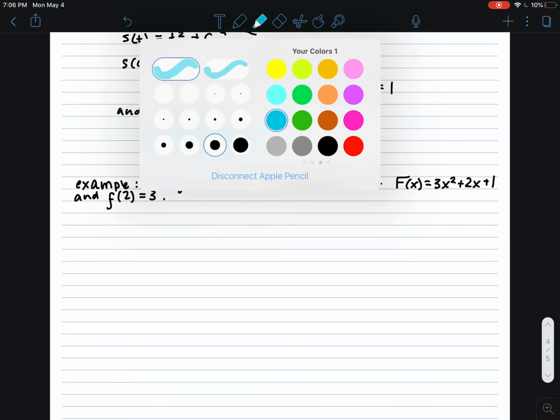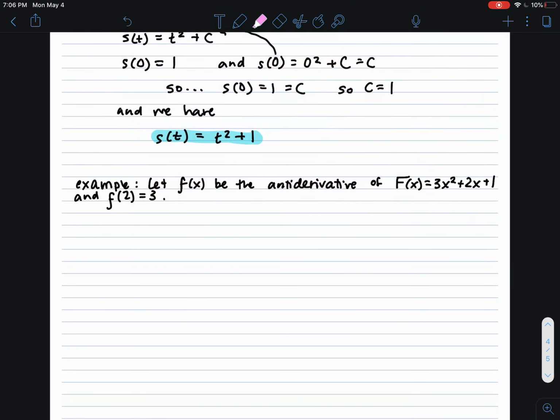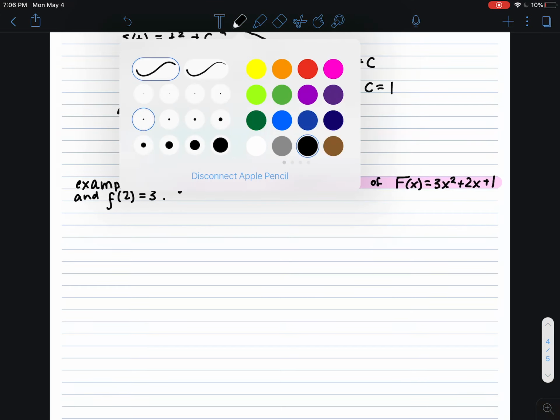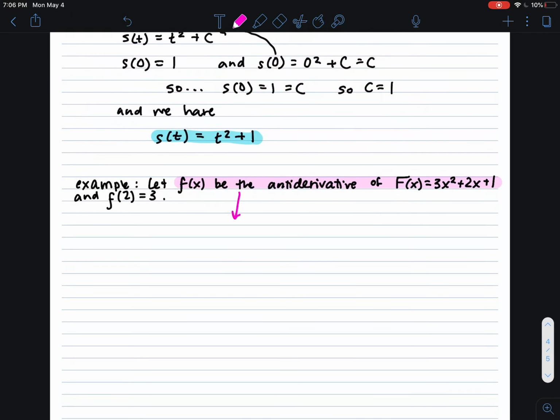So let's rewrite what's happening here. We say little f of x is the antiderivative of capital F of x. So what that is saying is little f of x is equal to the integral of big F of x with respect to x.